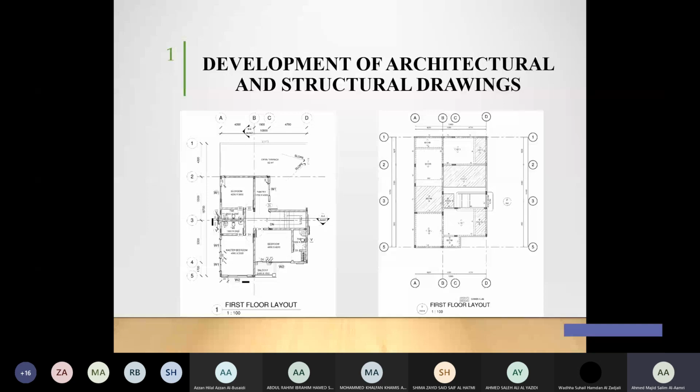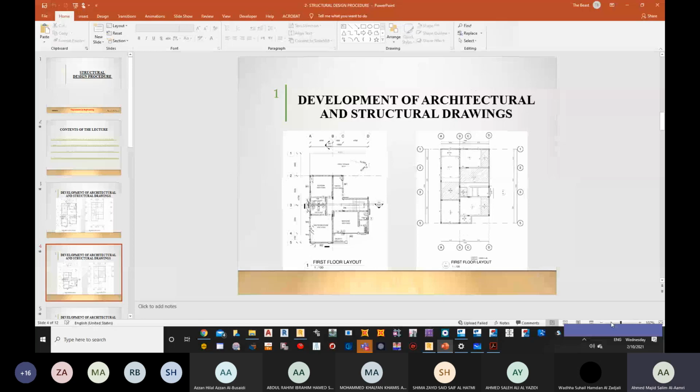Okay. Now, can you see the hatch here in the structural drawing? Sir, can you zoom it, please? Now, are you able to see the hatch?